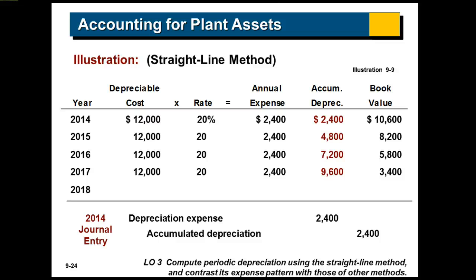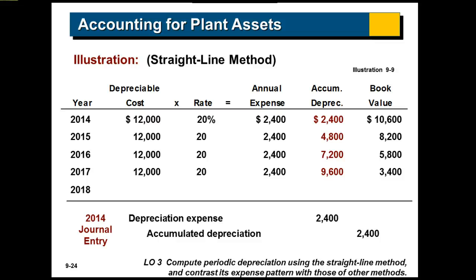But at the end of 2014, you see our book value, our adjusted basis, is only $10,600 because we take our $12,000, subtract our accumulated depreciation to come up with a new book value. Then in 2015, we depreciate another $2,400, which increases our accumulated depreciation account, that contra account, another $2,400 up to $4,800.